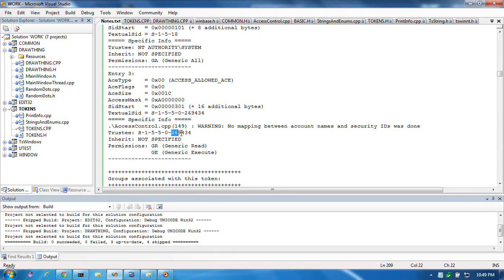Now, maybe I can make a connection with this number and something else, but I don't know. But you can see that this is not valid anyway, right? Here's the issuing authority, 5, and here's the sub-authority, also 5.